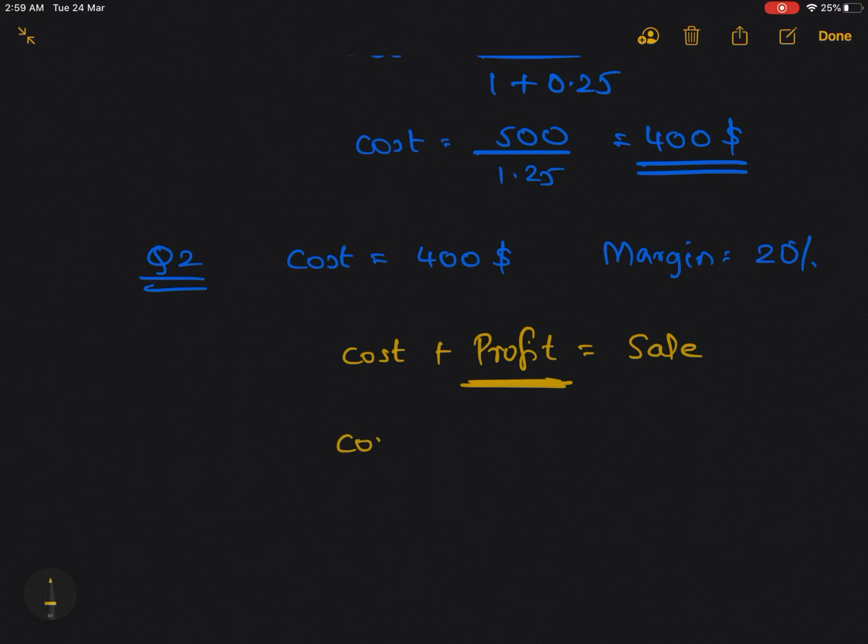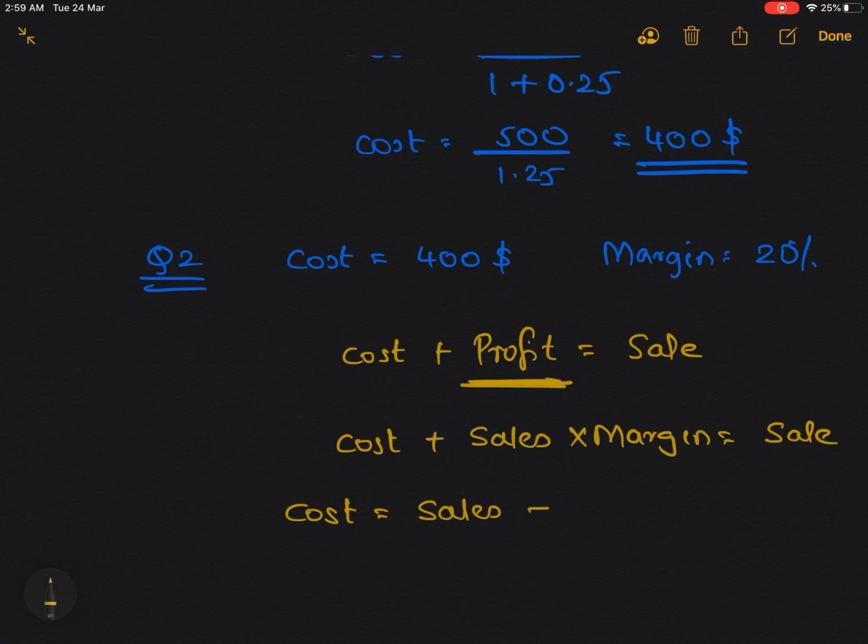So I write cost plus sales into margin is equal to sales. And then I simplify this. This entire thing goes on that side and that's how you get this.